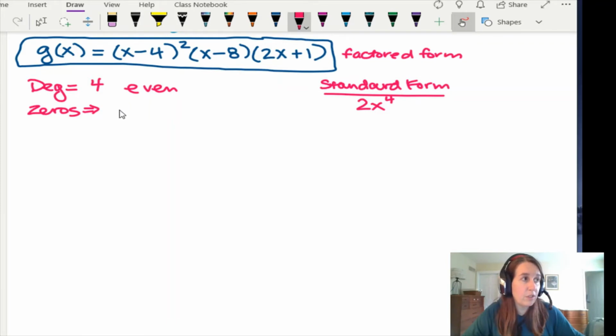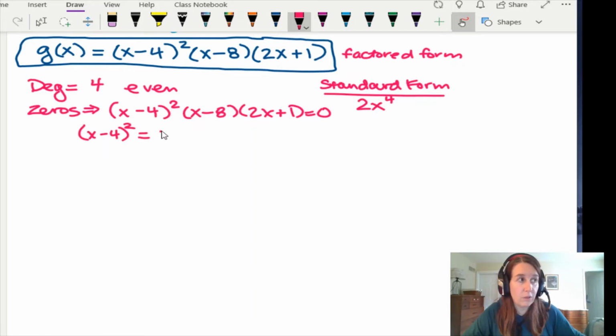So first, we're setting the entire function equal to 0, okay? So in this case, we have x minus 4 squared equals 0, okay? It doesn't really matter. We could just unsquare it by taking the square root of both sides. So then we're just left with x minus 4 equals 0, and we get x is equal to 4.